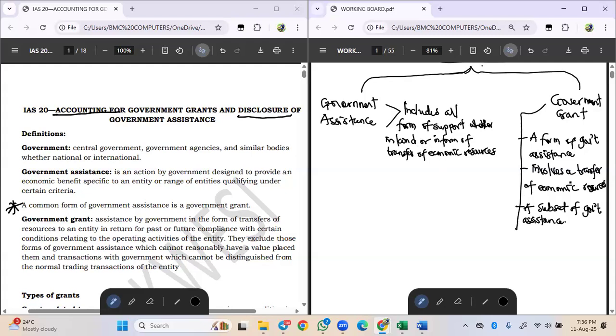The ones that you can place value on, that's the transfer of economic resources. That is when you will be recognizing it in your financial statements. I think this diagram should help you do everything.